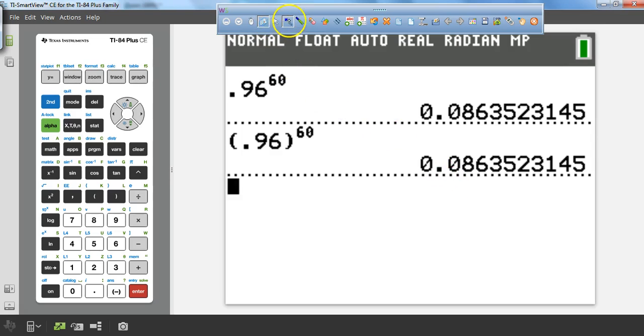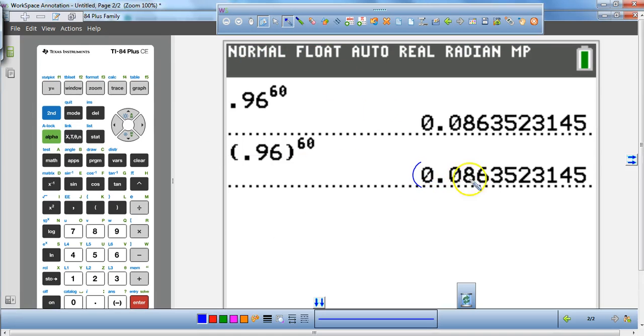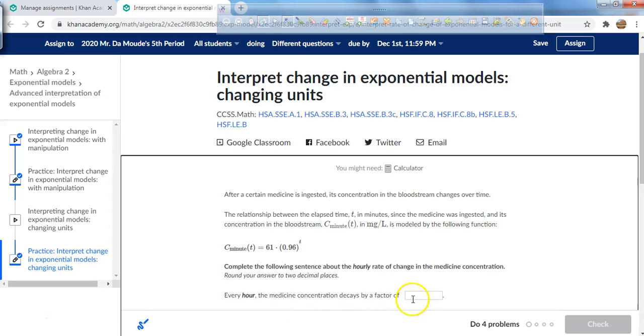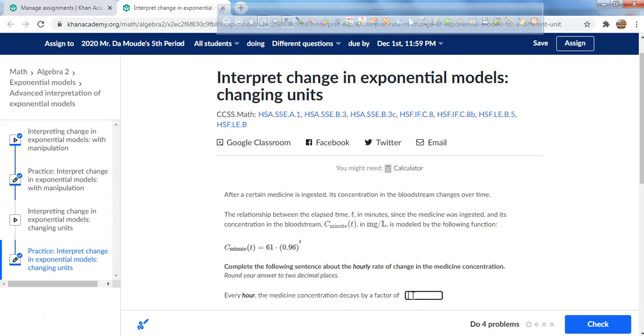Wow. So here we go. There's 2 decimal places, so I got to round that guy. So I'm going to put 0.09. All right. So right here, 0.09.